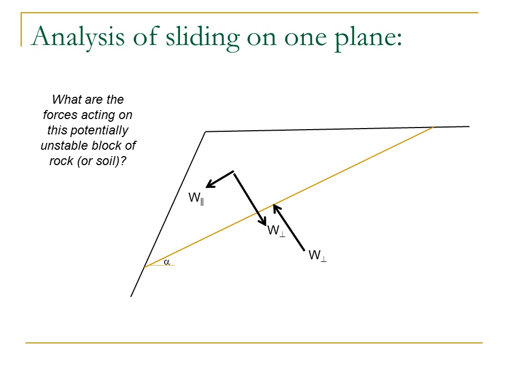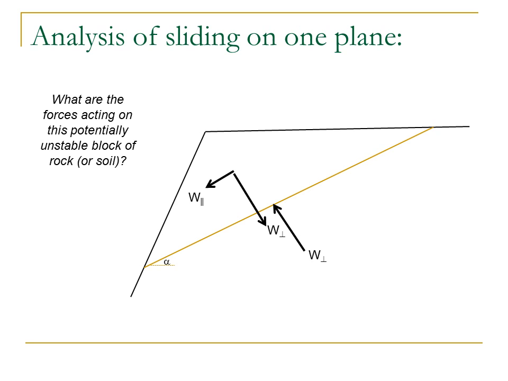Because if we sum forces in the direction perpendicular to the sliding surface, those two forces must be equal. So we also know the magnitude of the perpendicular reaction on the base of the slide, and that's equal to W perpendicular. Those two have to be equal for us to have static conditions.